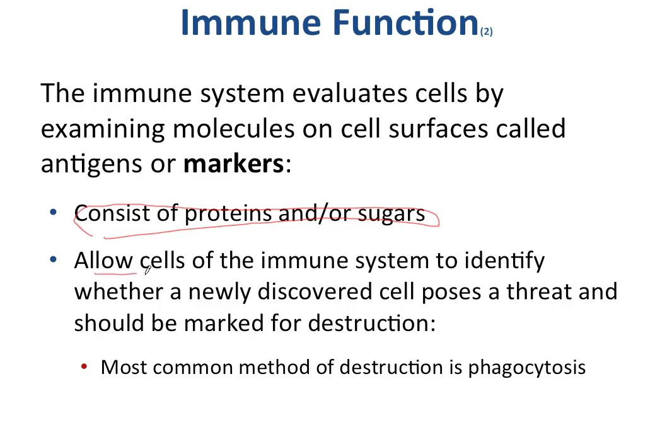Once they recognize those antigens, they can tell whether those materials are foreign or themselves. If those materials are foreign, they may cause a threat to the health, so the immune system can launch an attack.